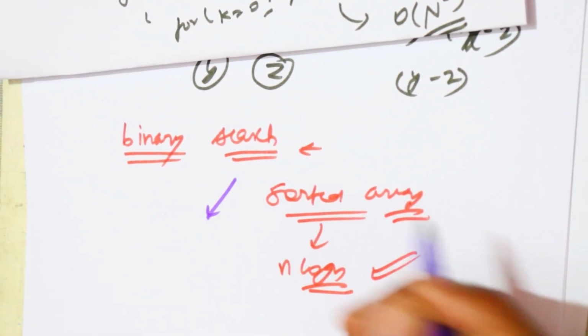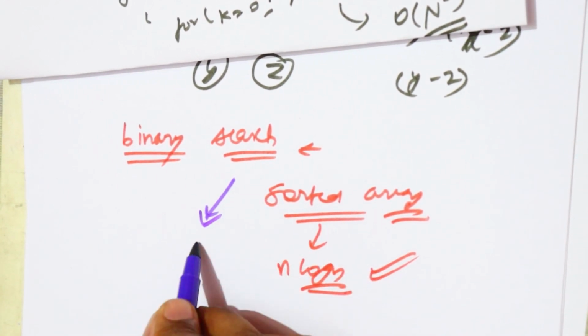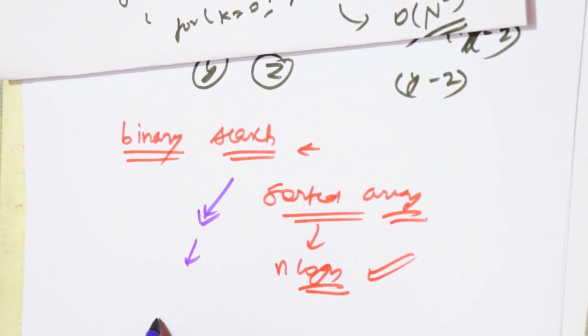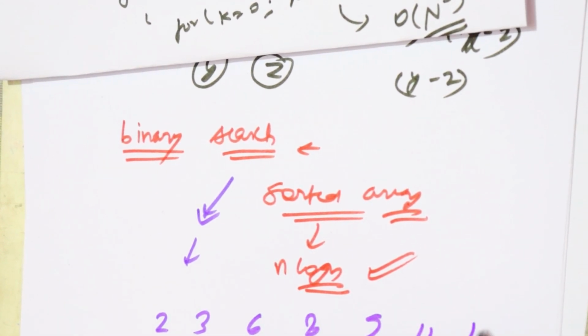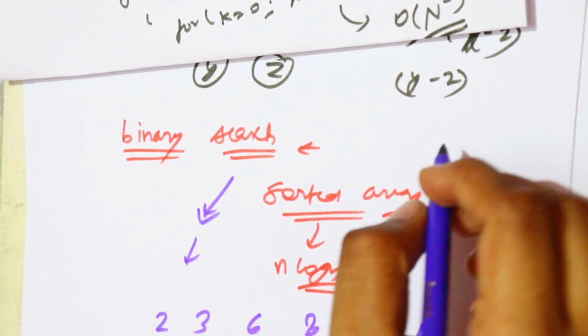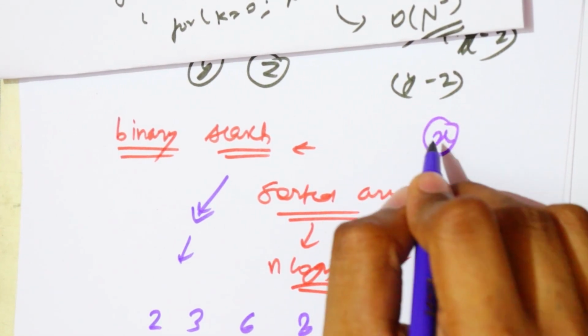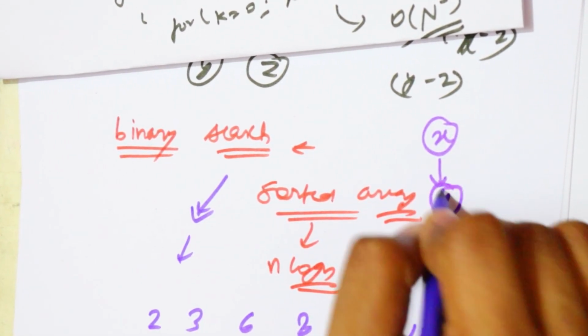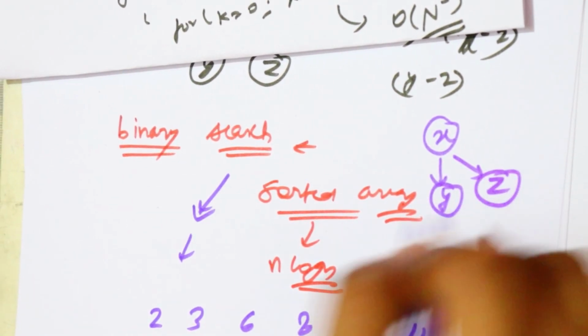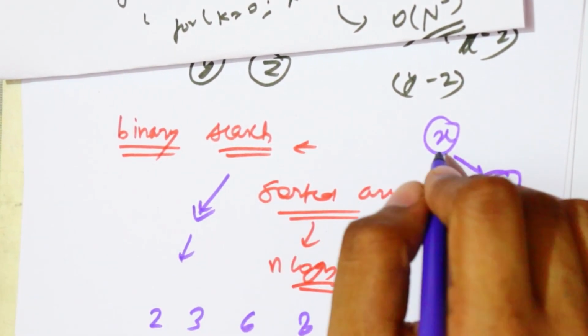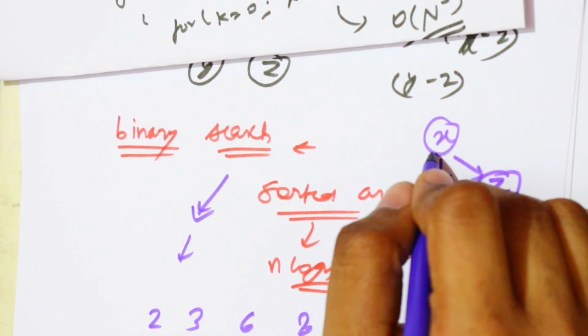I will say, see, if we have an array 2, 3, 6, 8, 9, 11, 13, we need to search an element. I have an element x. I need to search an element y in array 2 and an element z in array 3 such that the element is nearest to x.